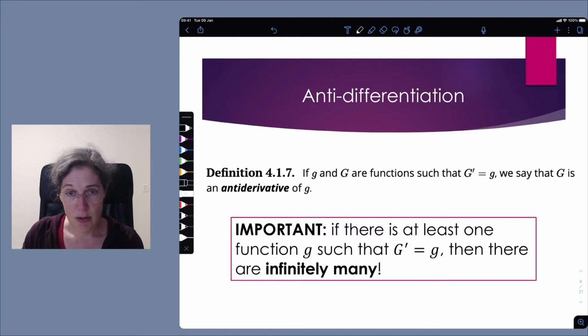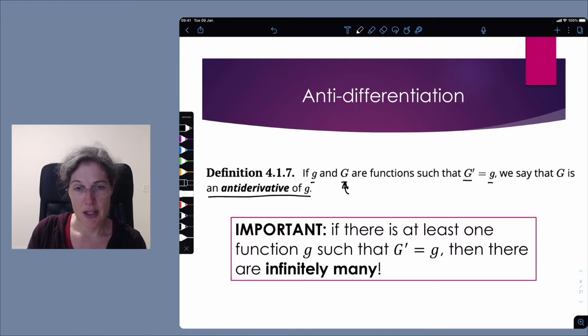Okay, so just some terminology. If we have two functions, little g and big G, such that the derivative of big G is little g, then we call big G an antiderivative. Now here's where you need to kind of keep your wits about you. When we talked about derivatives, we could say if we had some function, we could find the derivative.